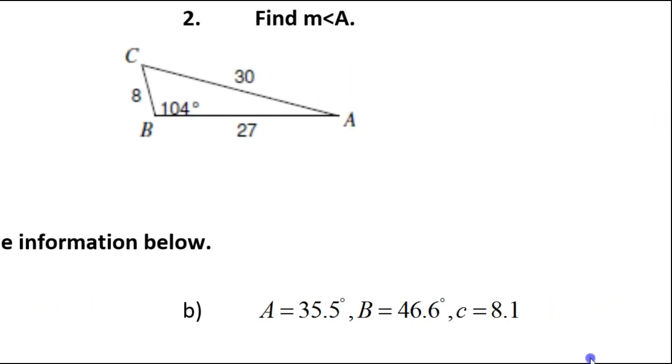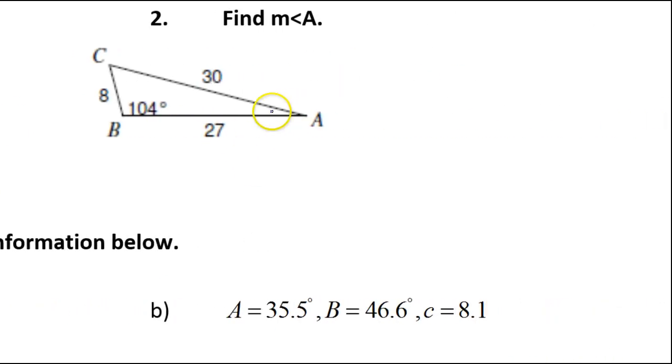All right, similarly, for problem number 2, I want to find the measure of angle A, and I'm going to use the law of sines to get it. Because I'm looking for an angle, when I set up my law of sines using these two quantities across from each other, I'm going to put angles on the top.